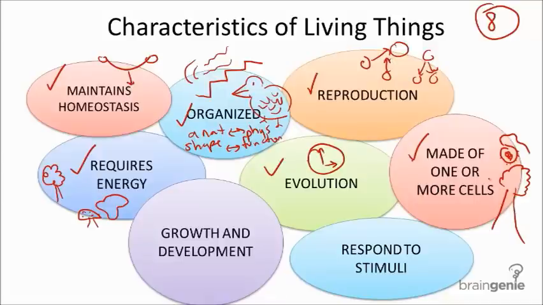Seventh, all organisms must grow and develop, meaning that to be defined as a living thing, you must be able to get bigger. And also, as you do, you develop stronger abilities. For example, as an insect grows, it may develop the ability to fly.